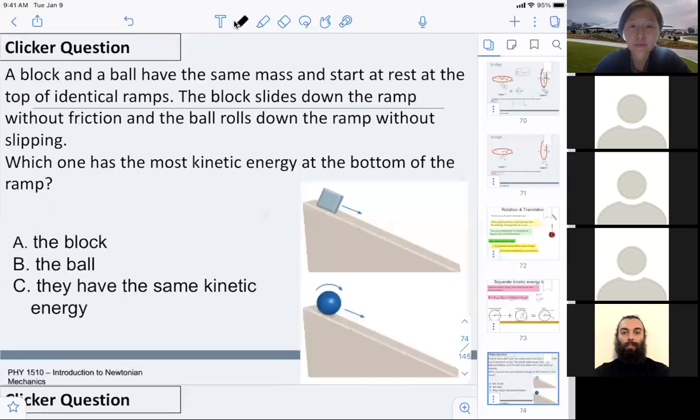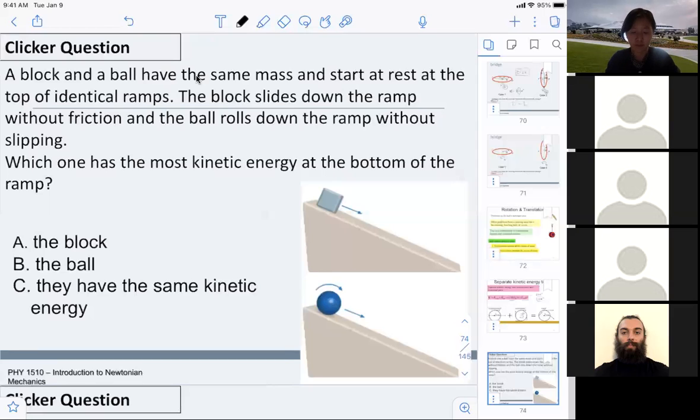I thought it was B because at the bottom, they have the same mass, and they're under the same gravitational field and they start at the same spot, right? So they end up having the same translational kinetic energy, the 1/2 mv squared. But the block is not rotating, so its rotational kinetic energy is 0, but we're told that the ball is.